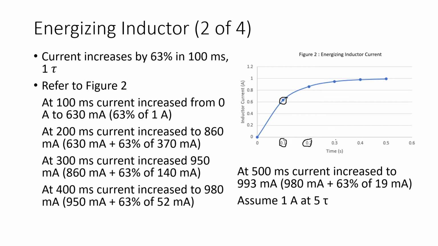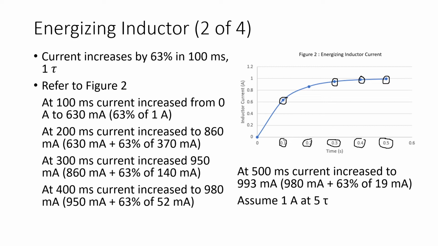At 300 milliseconds, the current has increased to 950 milliamps. At 400 milliseconds, the current has increased to 980 milliamps. And at 500 milliseconds, 5 time constants, the current has increased to 993 milliamps.